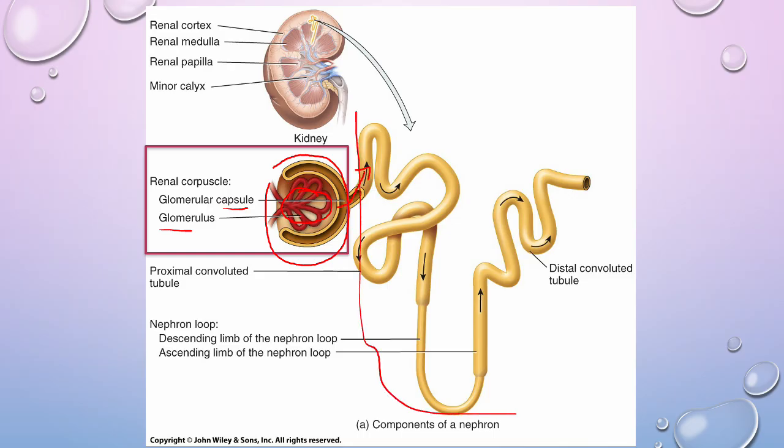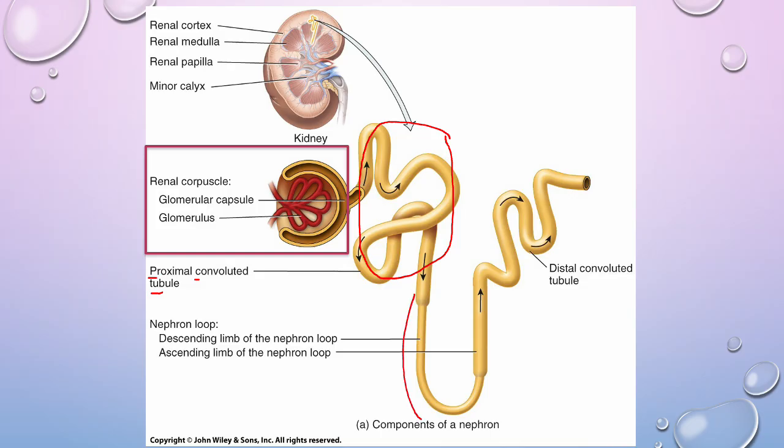All this tubing system here are the tubules, okay? If it's closer, it's proximal, right? So we have first a proximal convoluted tubule, the PCT. And then we're going to have a loop of Henle, also known as the loop of the nephron, okay?